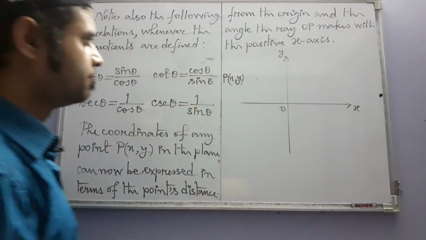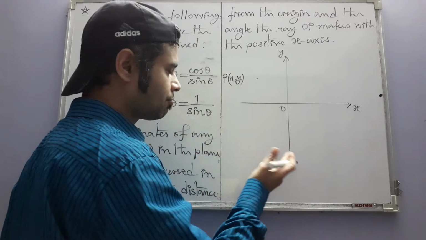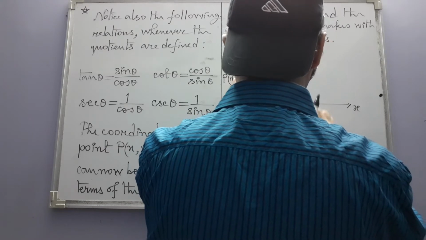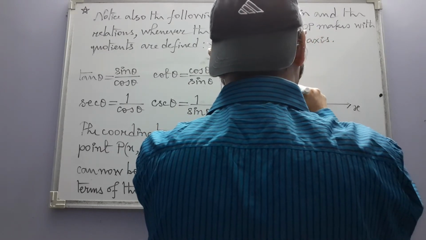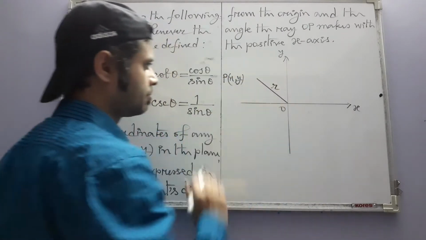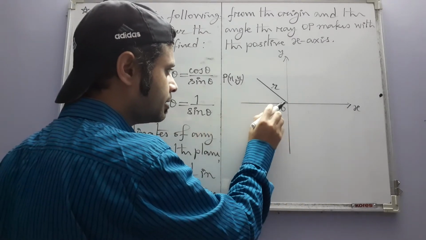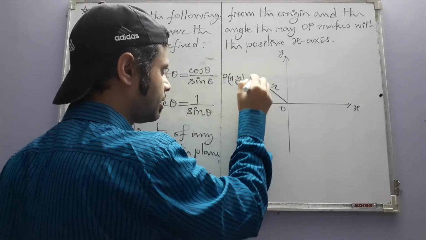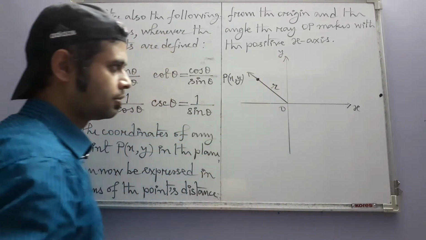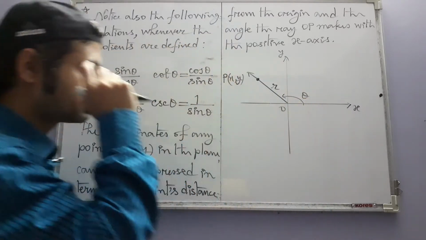What we now do is express x and y in terms of the distance of P from the origin, say that distance is r, and in terms of the angle that this ray OP makes with the positive direction of the x-axis.